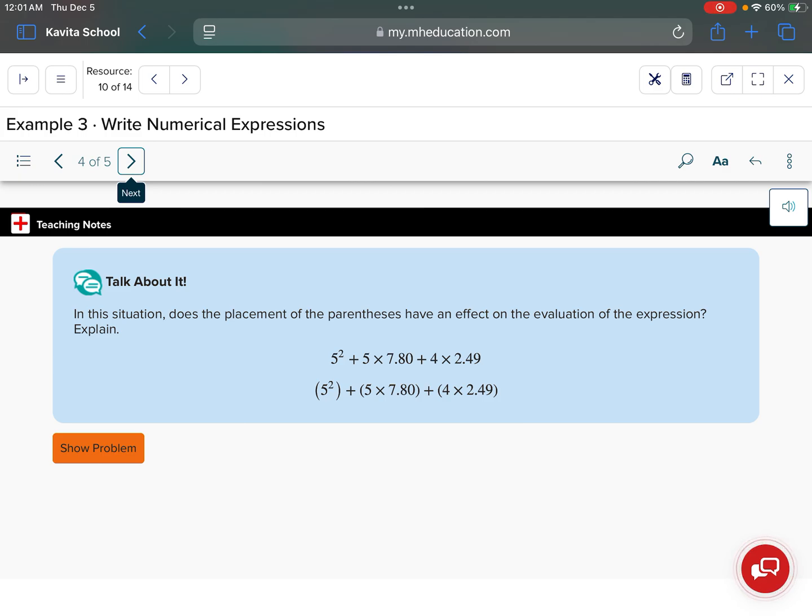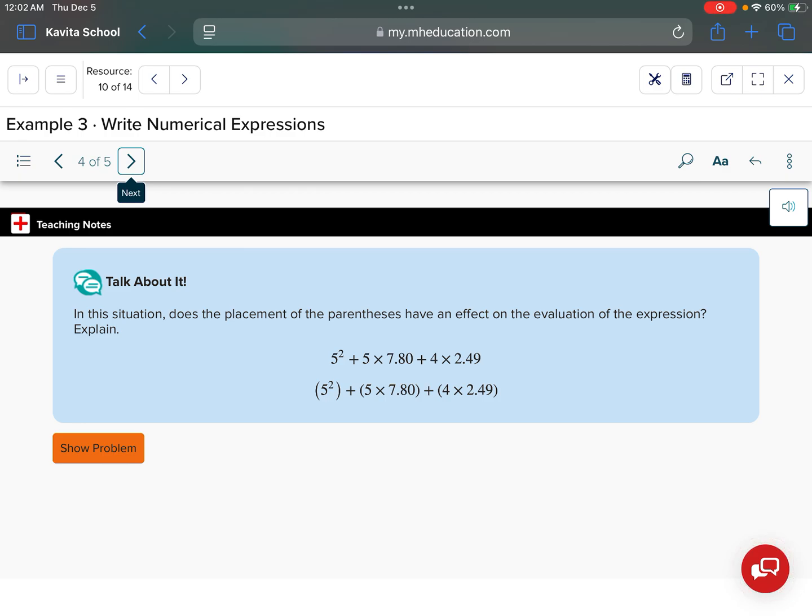So let's compare the two expressions without parentheses. We have 5 squared plus 5 times 7.8 plus 4 times 2.49. If we did not have parentheses and we are solving this, we are again going to solve the exponent first. So that's 5 squared. That gets evaluated. Next, we have addition and a multiplication. We're going to do the multiplication first. So that's 5 times 7.8.